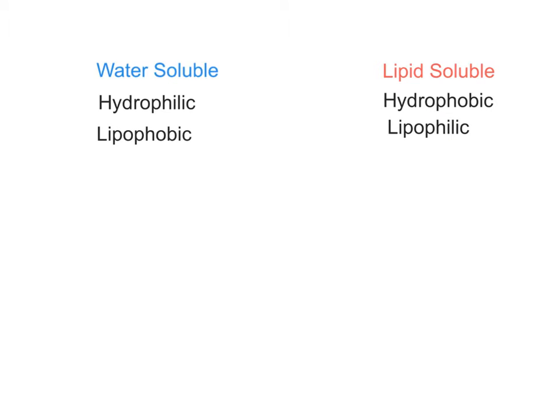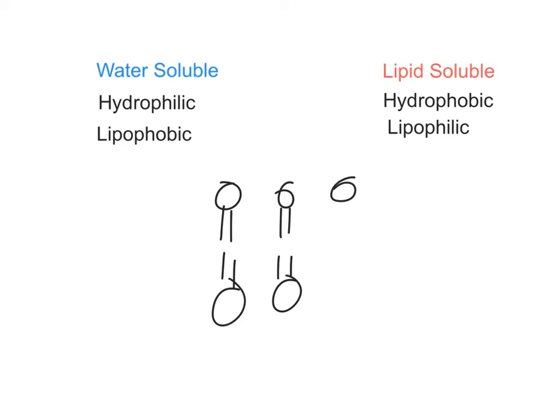Looking at their capability of crossing the phospholipid bilayer, let's just quickly look at the bilayer, remembering that these are phospholipids with their tails in the interior of the membrane being hydrophobic.